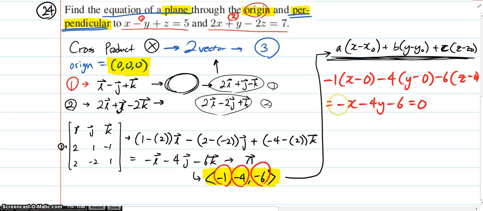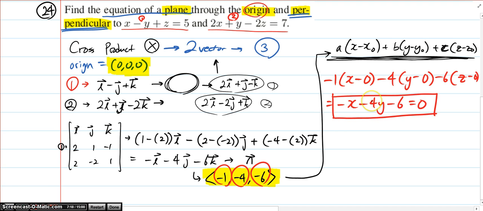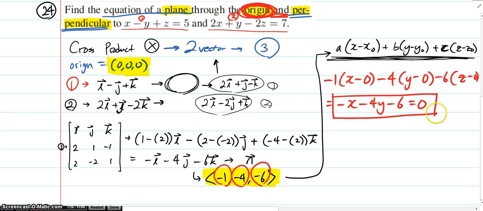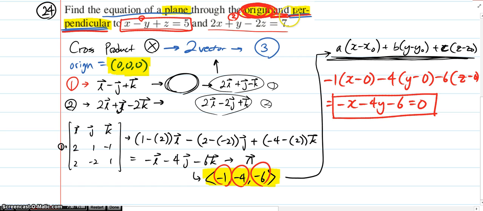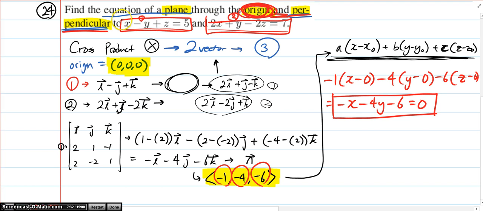And this is the equation of a plane that goes through the origin, and is also perpendicular to these given planes.